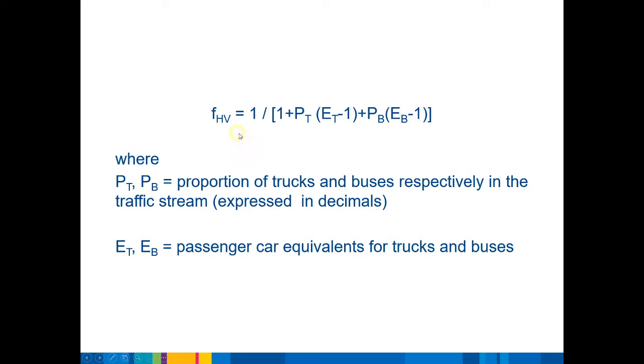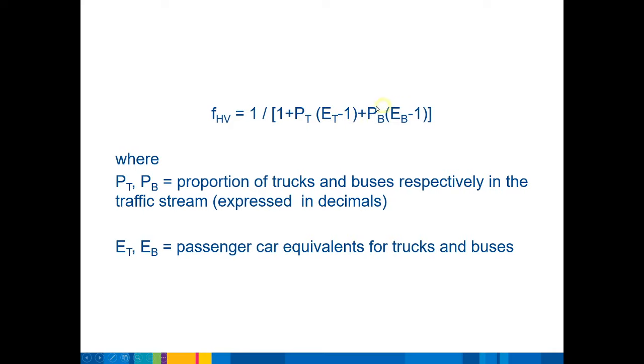We've got the heavy vehicle factor here, which, to be honest, I probably should have deleted this slide. We can factor in the amount of trucks and buses. You might see here that in the square brackets everything is on the bottom, and we're multiplying the total percentage of trucks, the total percentage of buses.